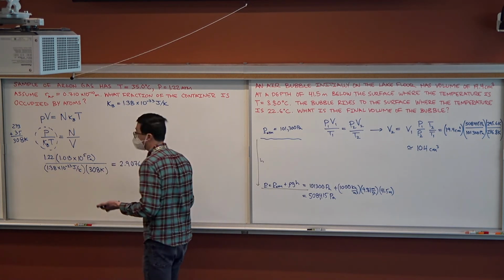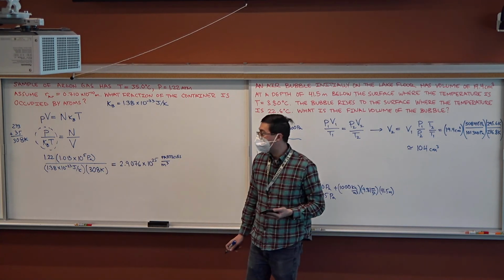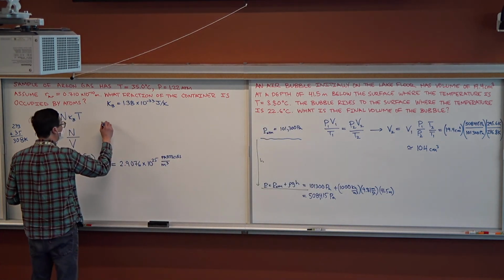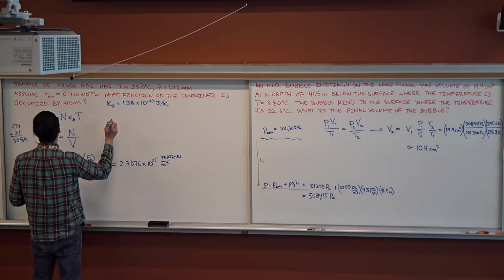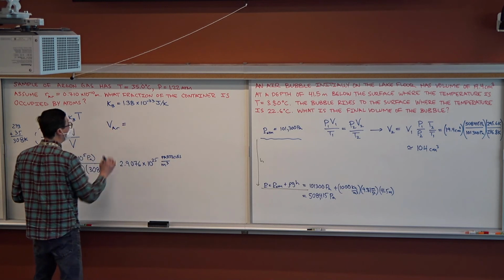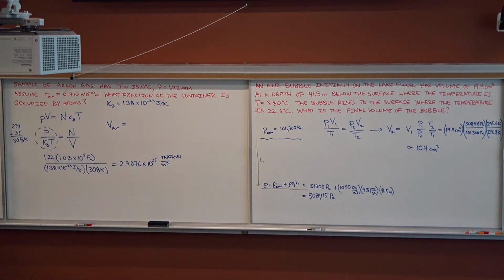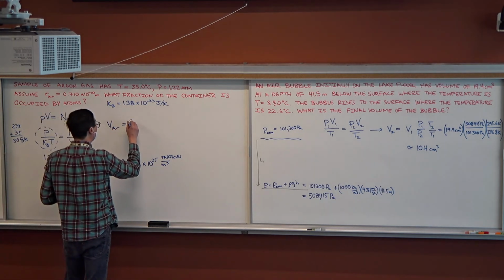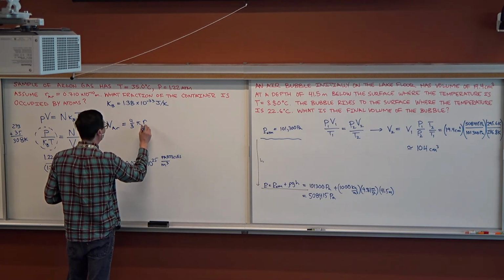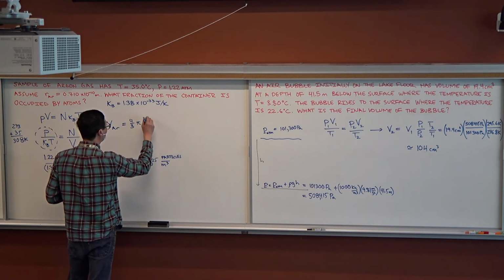I could say atoms even, right? So now, to Chris's point, we could find the volume of one argon. How do I find the volume of one argon? 4/3 pi r cubed.